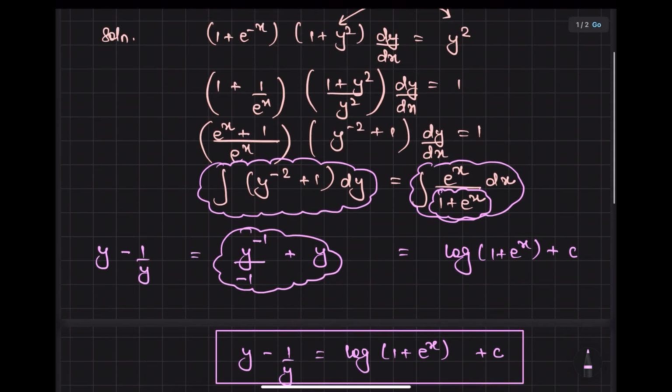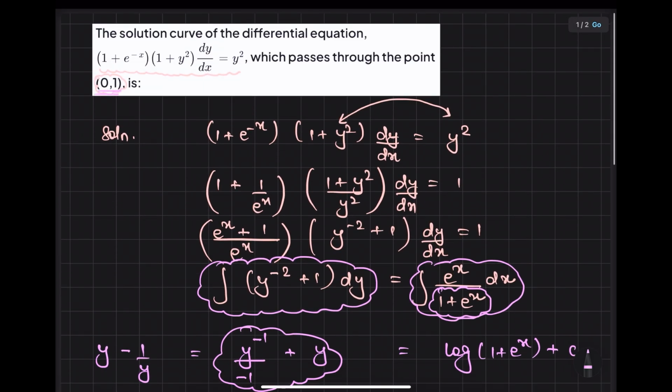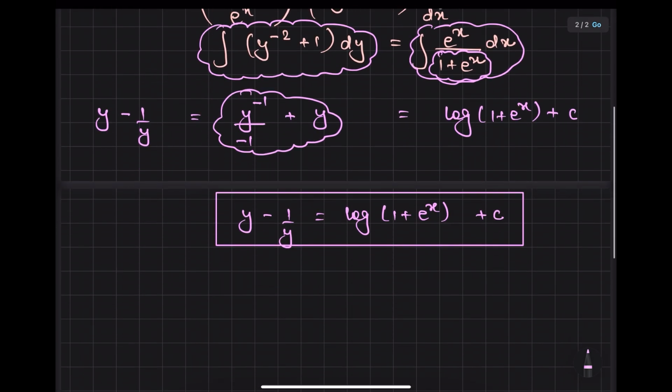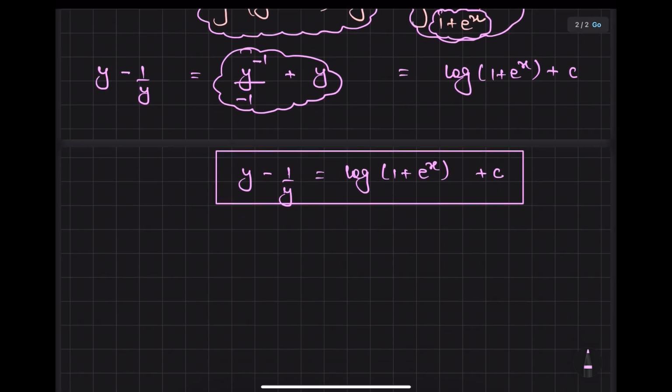Now look at this. Your curve is passing through 0 comma 1, so it will satisfy 0 comma 1, and we will use this idea to find out the value of this arbitrary constant c.